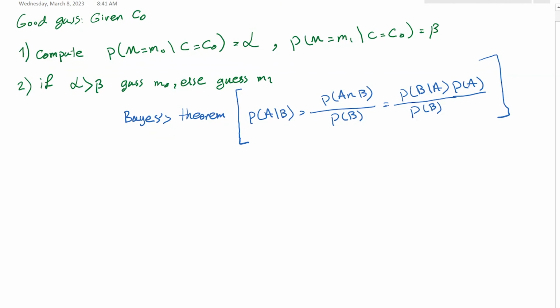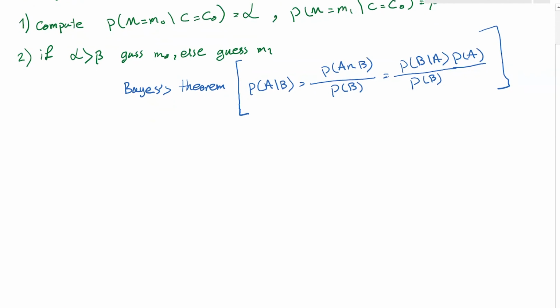Now that we have this theorem, it will help us to actually solve this probability distribution. I know that alpha, which we defined to be the probability of M equal to M0, given that C equals C0, is equal to, based on Bayes theorem, where you see the probability of event A given B, I can rewrite it in this form.